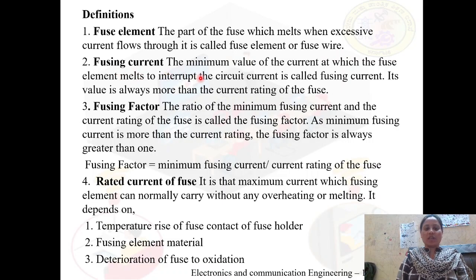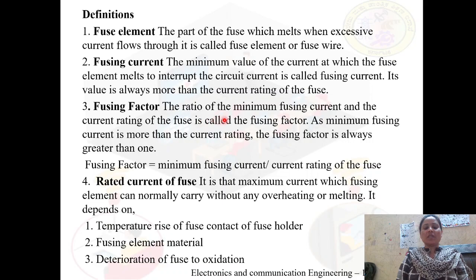Next is fusing current. The minimum value of the current at which the fuse element melts to interrupt the circuit is known as the fusing current. So fusing current is the minimum current at which the fuse element melts.